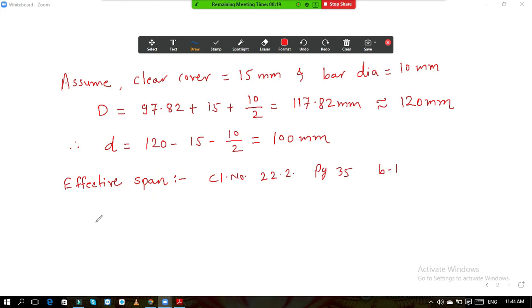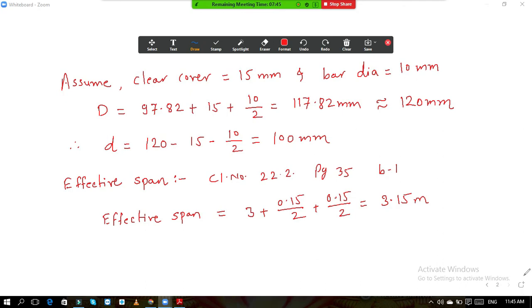That effective span, I can directly write now. Effective span is equal to 3 plus left hand side support plus right hand side support, which is equal to 3.15 meter. This is your effective span.